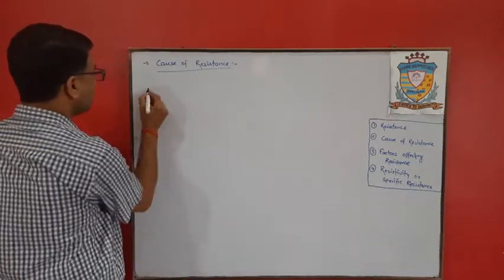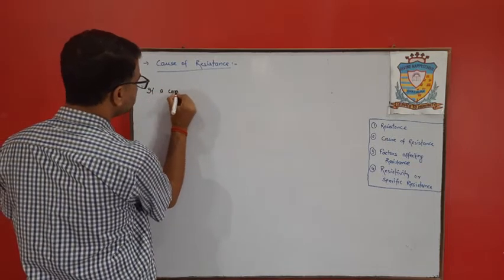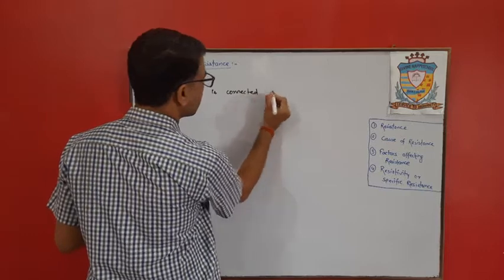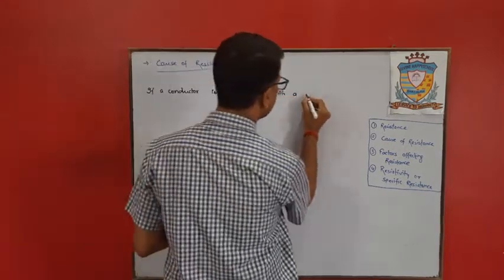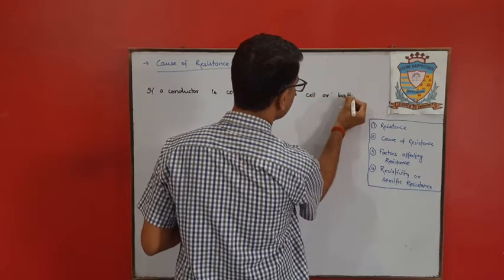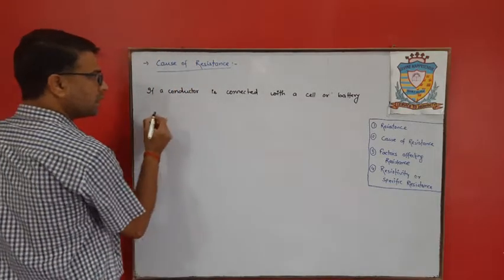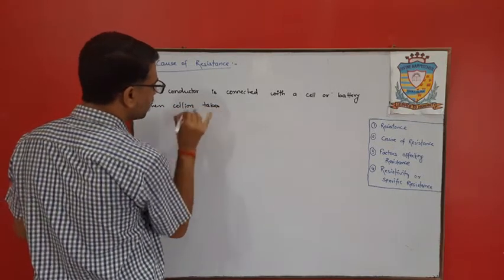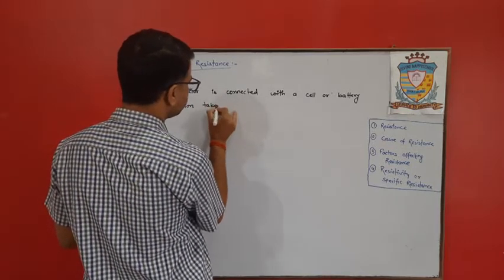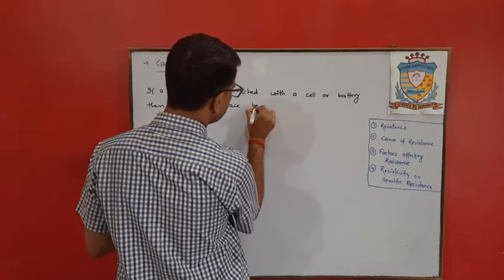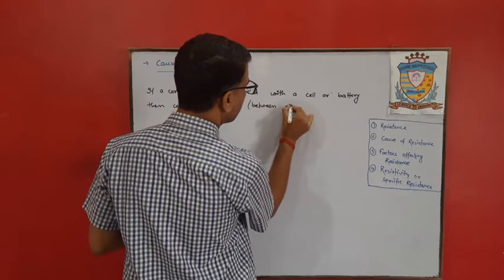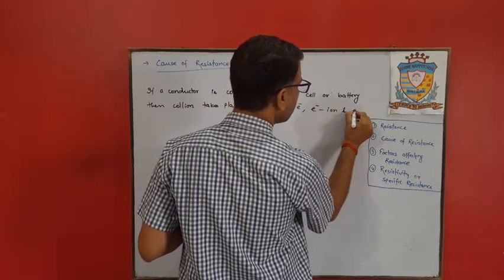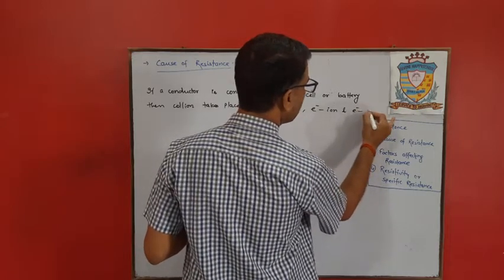So we can write: if a conductor is connected with a cell or battery, then collision takes place between electron and electron, electron and ion, and electron and atom.